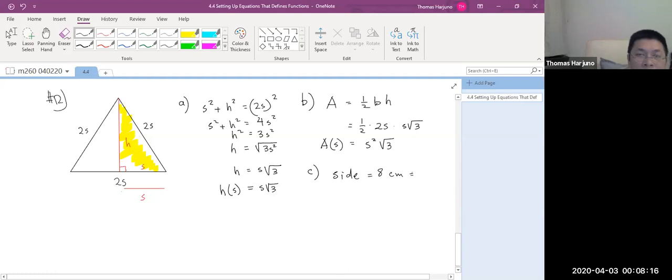Each side is denoted as 2s, so what is s? That would be 4 centimeters. Now what is the height? Then the height will be 4 square root of 3 centimeters.